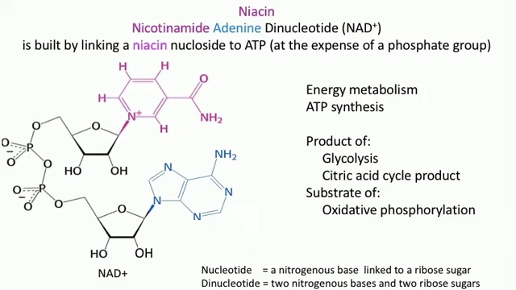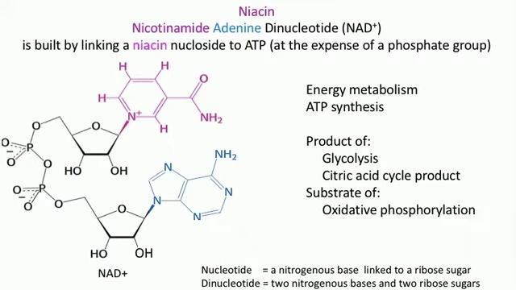In particular, glycolysis converts NAD plus to NADH. The citric acid cycle converts NAD plus to NADH, going from a low energy to a high energy form. And in oxidative phosphorylation, NADH dumps its electrons into the electron transport chain in order to power the production of ATP, and thereby NADH gets lowered in energy back to NAD+.